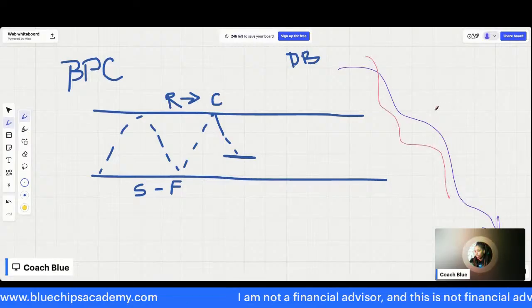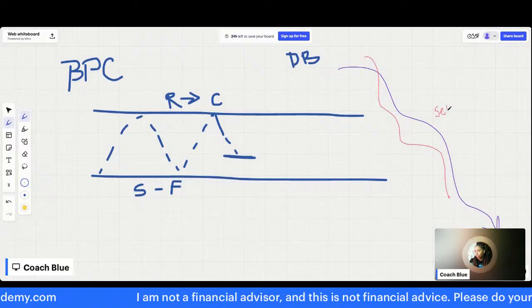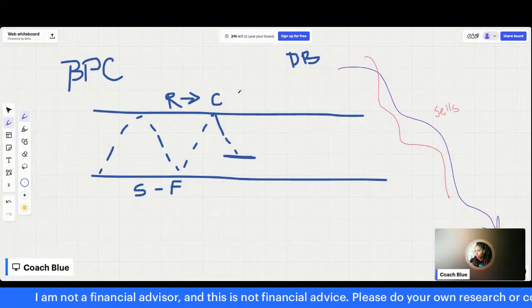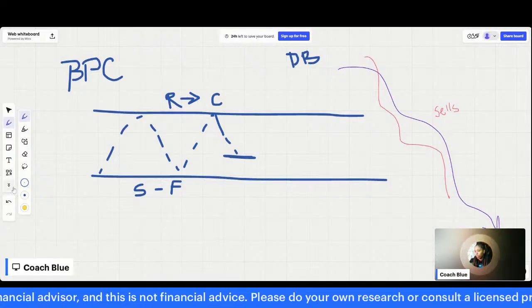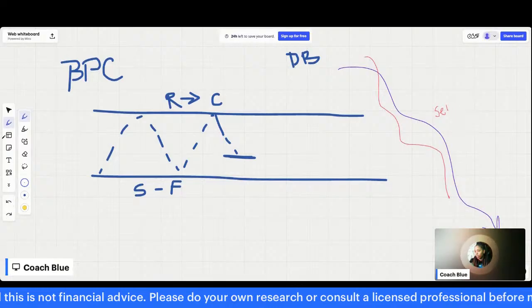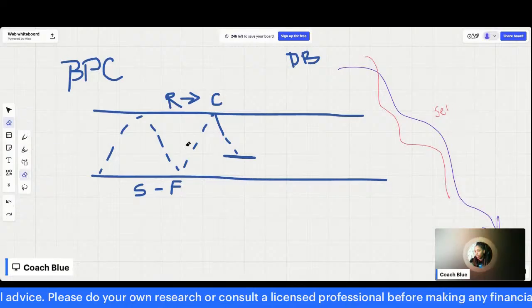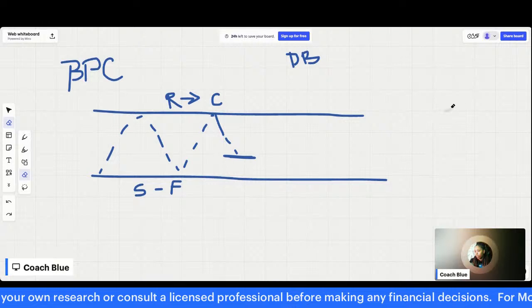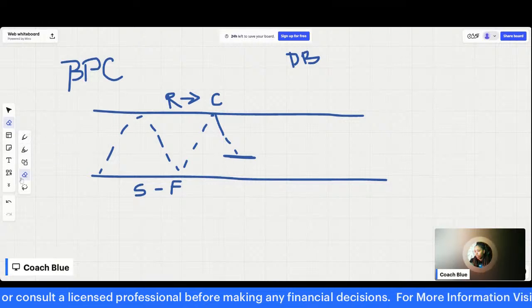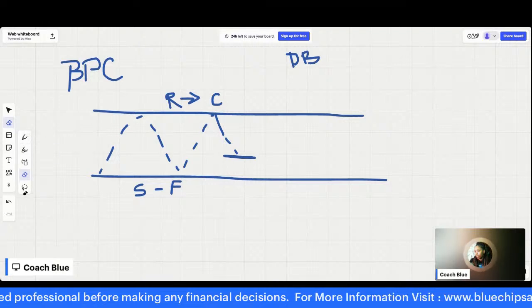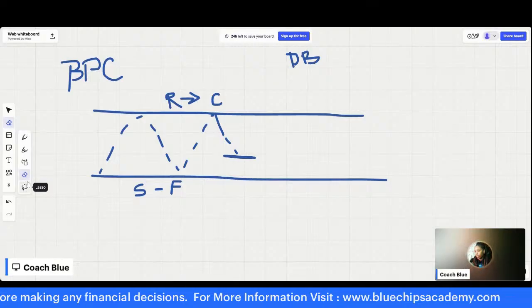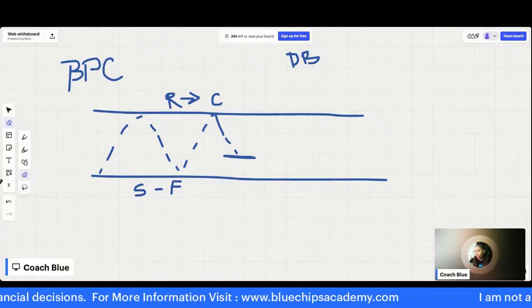Well, now we're looking for sales. So our directional bias for today, when we look at the chart, we will determine on if the 20 is above that 200 EMA or beneath that 200 EMA. That's what we'll determine.